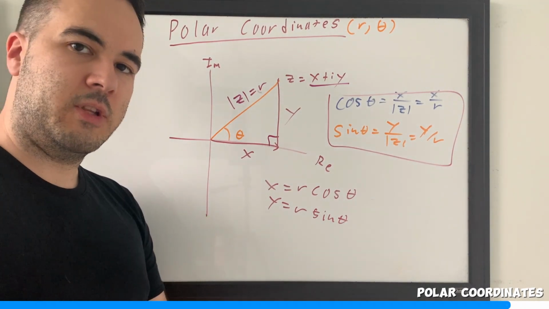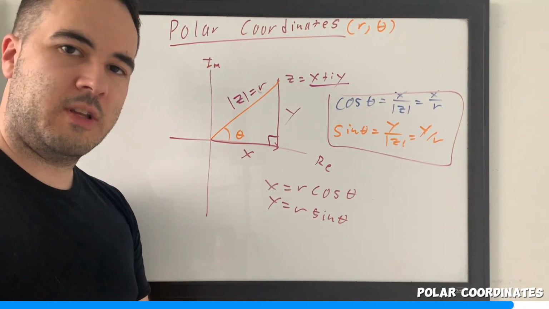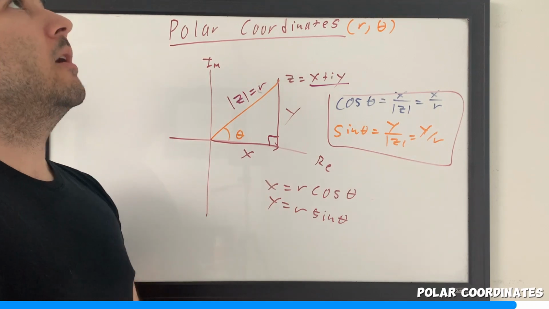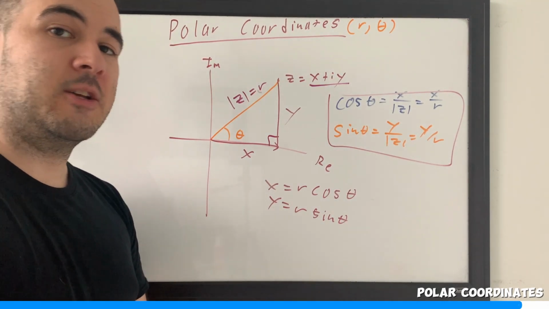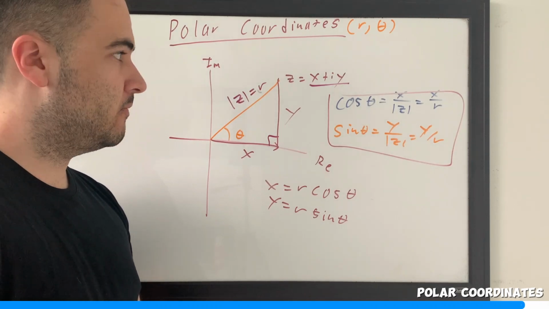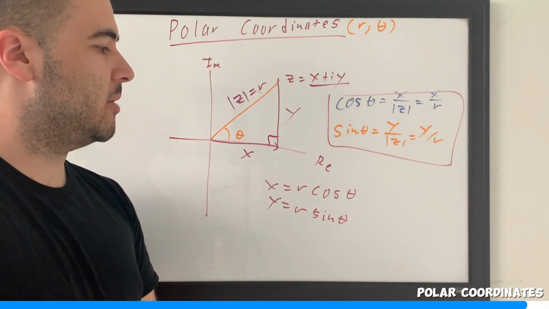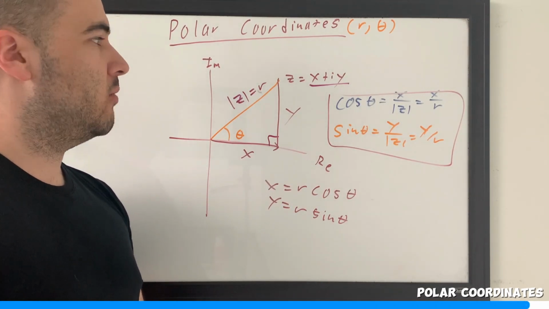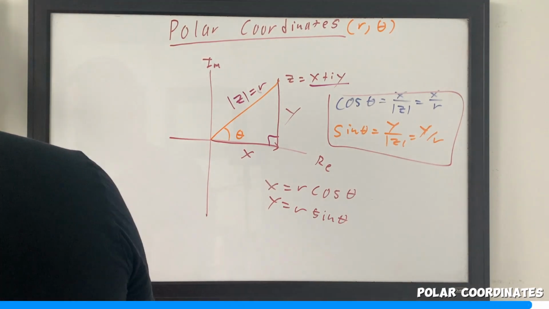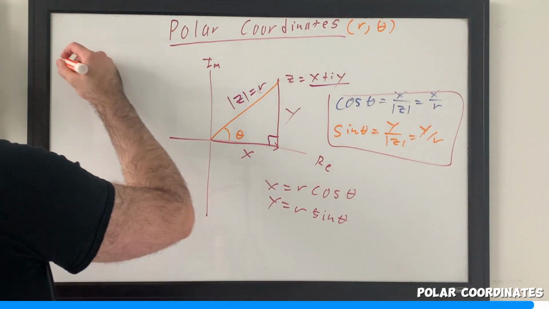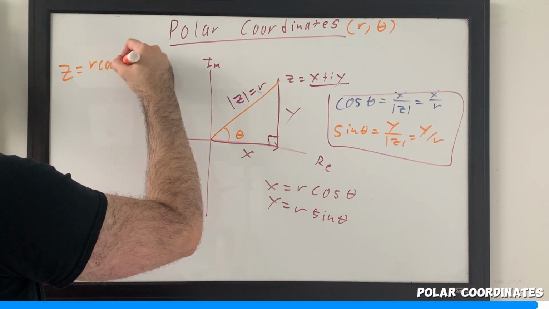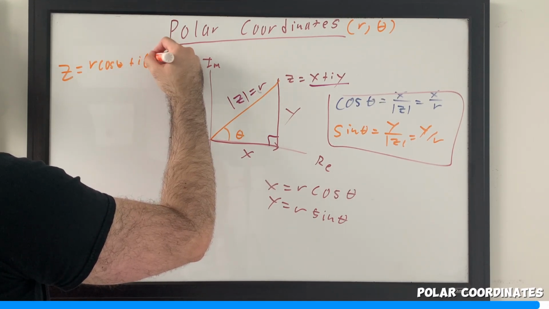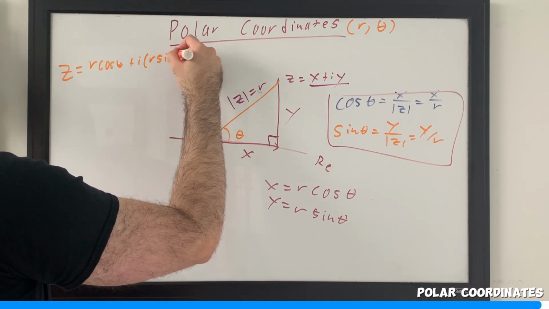Now, for those of you that knew about polar coordinates when it came to real numbers, this is very nice to know that these equations still hold for complex numbers. So now let's take these and substitute them in for our x and y here to get our new polar coordinates for a complex number. So z is equal to r times cos of theta plus I times r sine of theta.